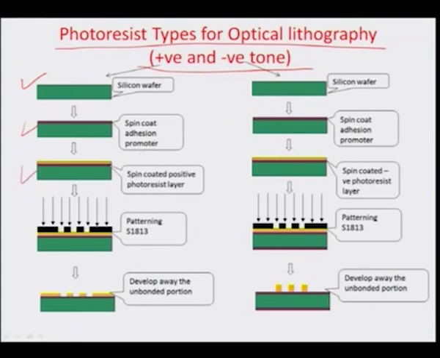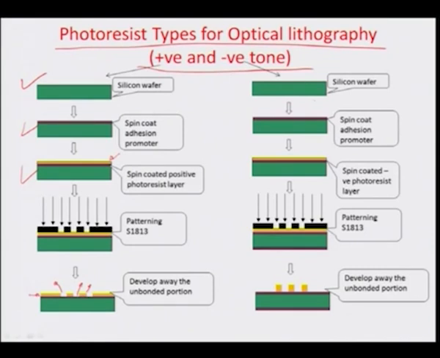Then you spin coat a photoresist layer, represented by this yellow color here, and selectively expose the photoresist by this masking strategy, so that you have patterning of the resist, and you develop away the debonded portions. In the positive resist, the resist which is exposed gets debonded and goes away. So, a positive resist is signified by making vias or trenches. That is what the positive side of the resist is.